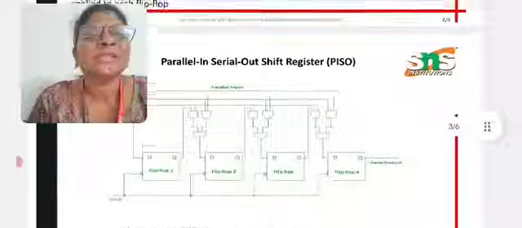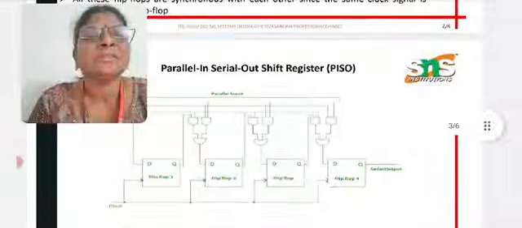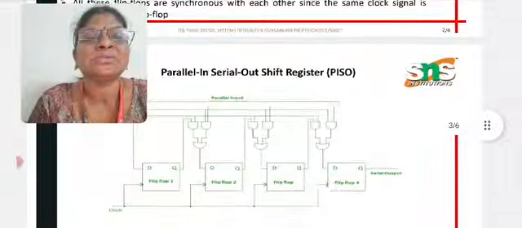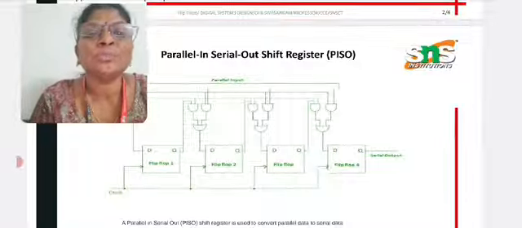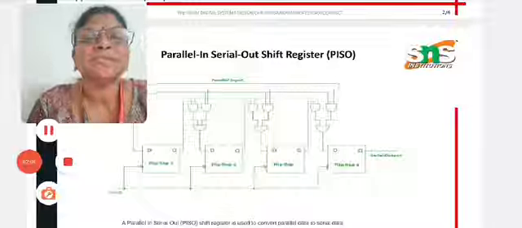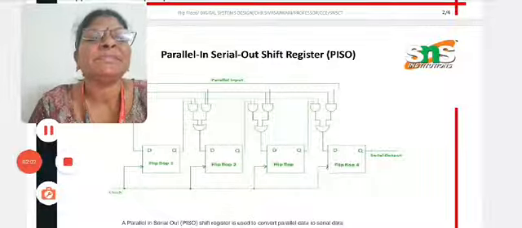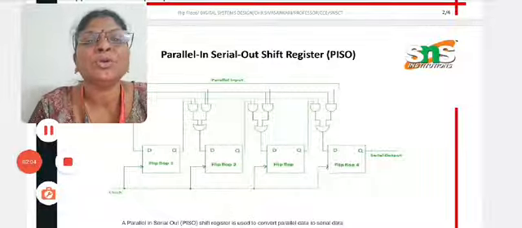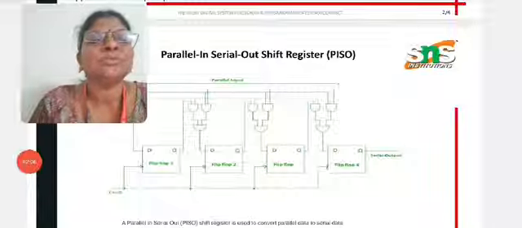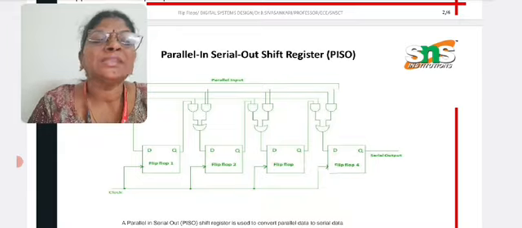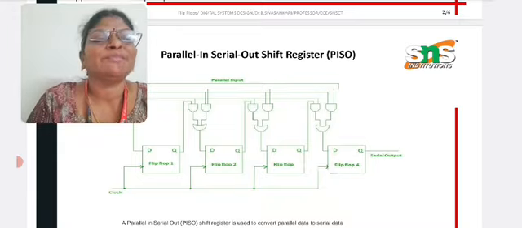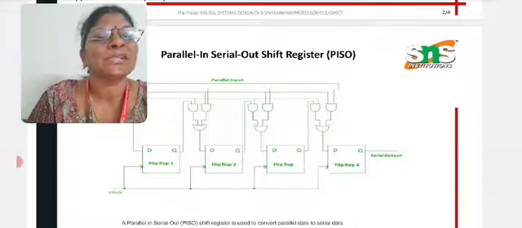You can see the circuit diagram here. It is a parallel in serial out circuit diagram where your inputs are in parallel and your outputs are in serial. So here we have a multiplexer and an AND-OR function, like 2 to 6, we have 6 AND gates and 3 OR gates, as well as 4 flip-flops, then serial input, clock pulse and serial output.